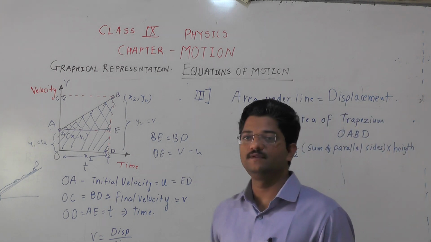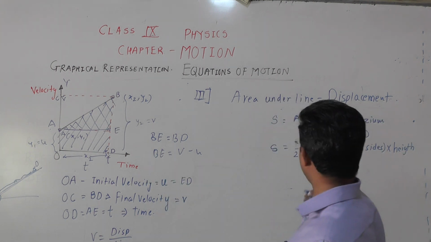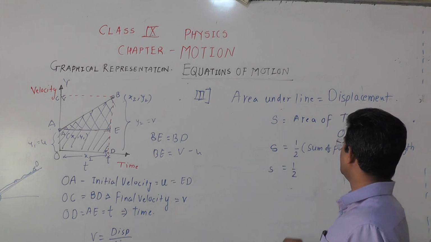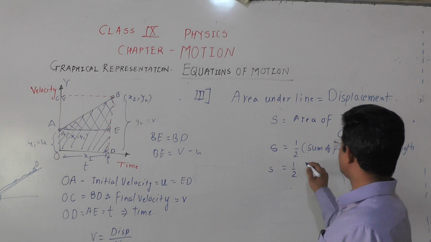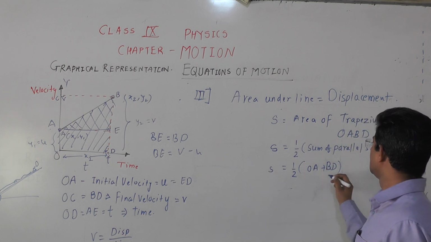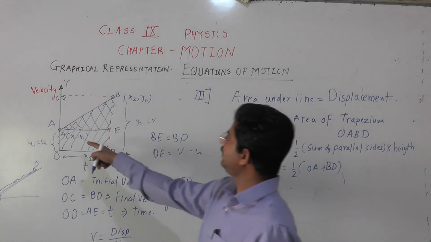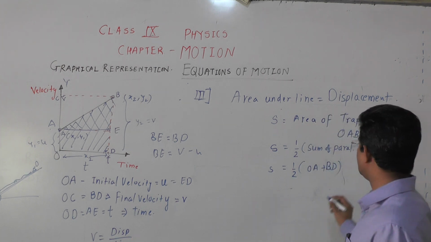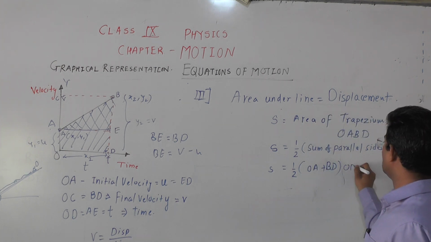Height is the distance between the two parallel sides. So here we will put the values of these sides. Parallel sides are OA and BD, and height will be either AE or OD, the distance between the parallel sides. So I take it as OD.